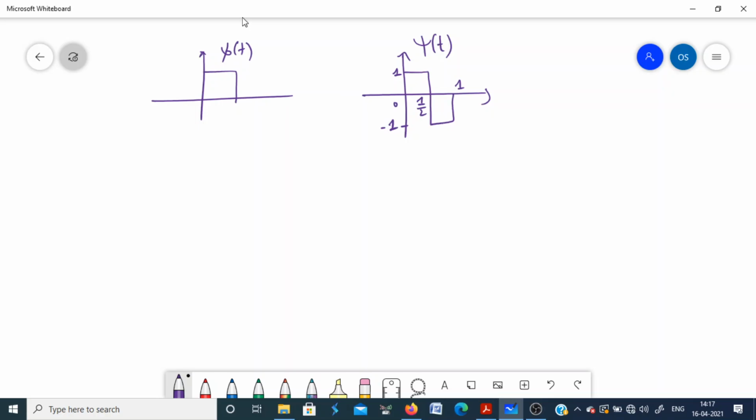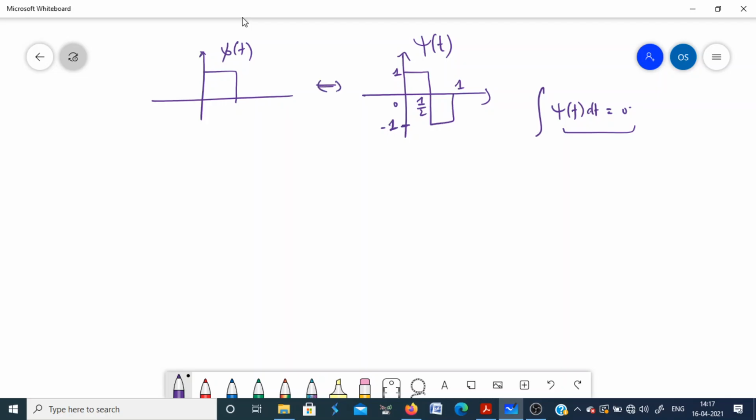This is a Haar wavelet. If you see its average value, that is 0. Average value 0 means there must be some oscillations in the wavelet, so as to discriminate between different frequencies.